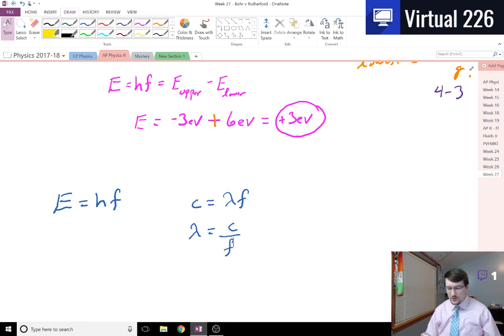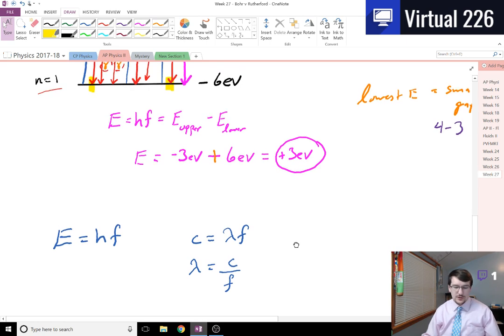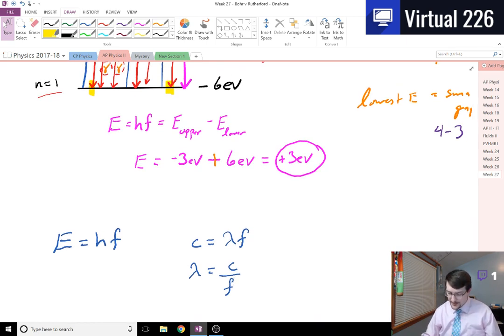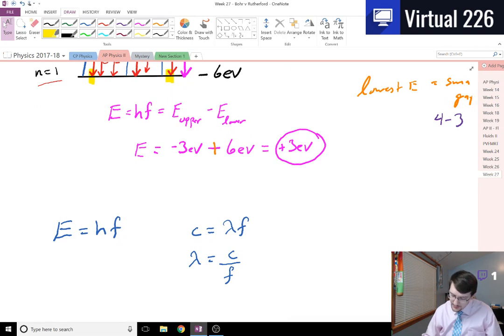So let's just say we're going to look for the longest wavelength that exists. Well, that means we want this lambda value to be very, very high. If lambda is very large, that means the frequency needs to be very, very small. A large frequency is going to create a large denominator. It's going to bring down our lambda. So we want a small frequency here.